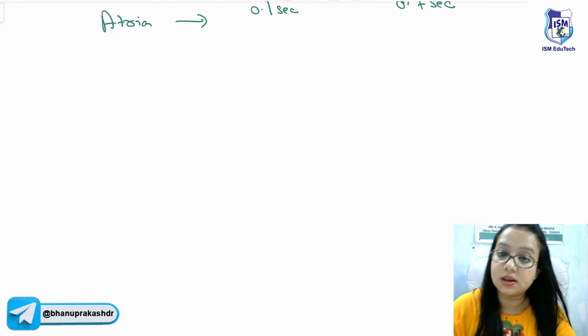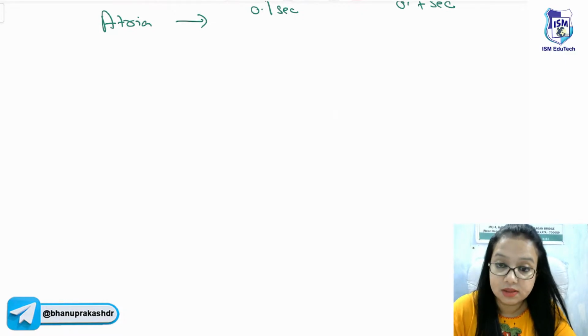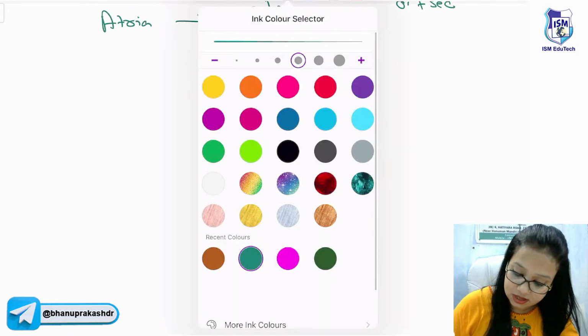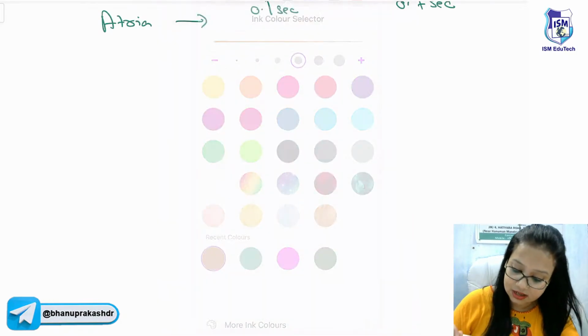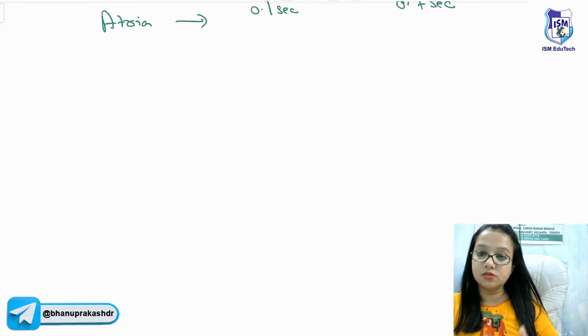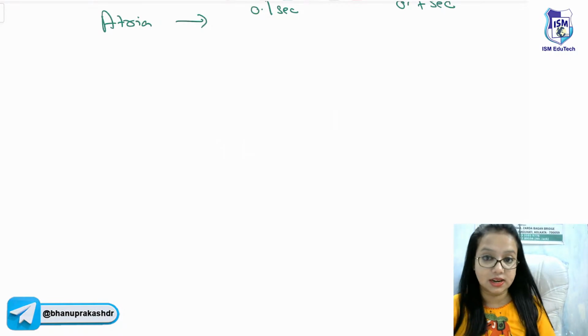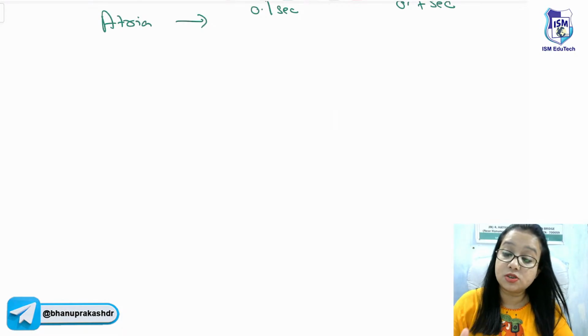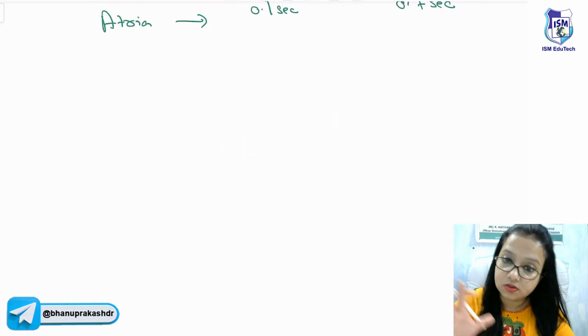Now, talking about the mechanical events that happen in the contraction and relaxation of the atria and the ventricles, we are going to start understanding what exactly happens when the ventricle relaxes. First, we will start with the ventricle, then we will go to the atria.